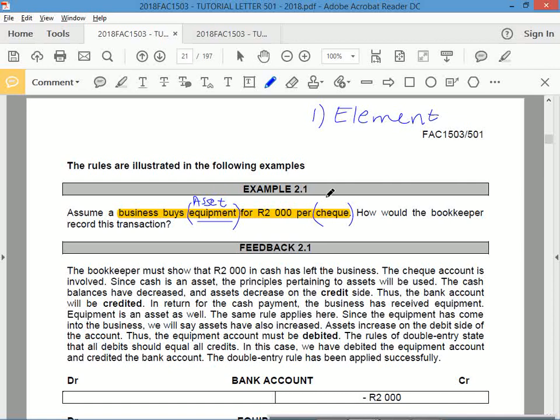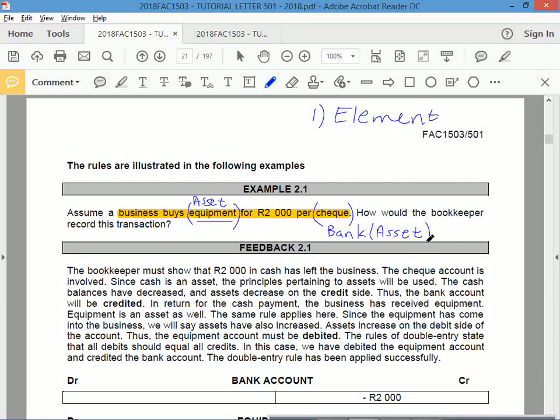What does the word check refer to? The bank, exactly. So when you see check or when you see 2,000, you're thinking about bank because that's the account. Notice I'm using the word account because an account has an element. Okay. What element is bank? Yes, you can write that next to it. Assets.